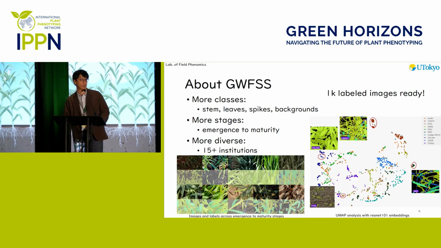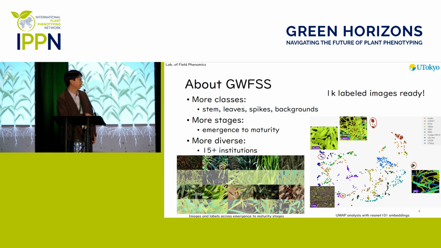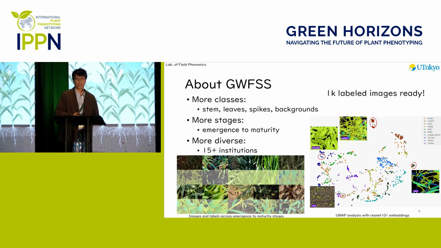The features of the new version are that we have more classes, we have more stages from emergence to maturity, and we have a very diverse dataset, and the classes are not really balanced. So it's a big challenge for the community, especially the computer vision community.